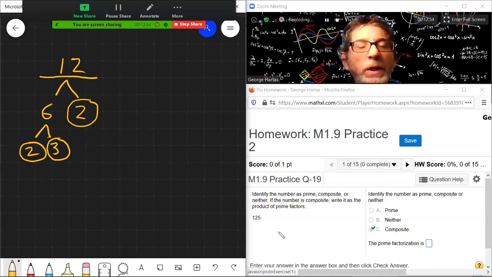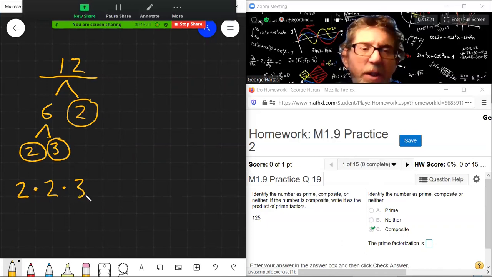Now, the way you would want to write this out and type it in the computer would be this way. You can start with the lowest numbers, which are 2 2's. So you got 2 dot, which means multiplication, right? 2 dot 3. So we have 2 2's, here they are, and a 3 with a multiplication dot in between all of these, because factorization implies that you're multiplying numbers together.